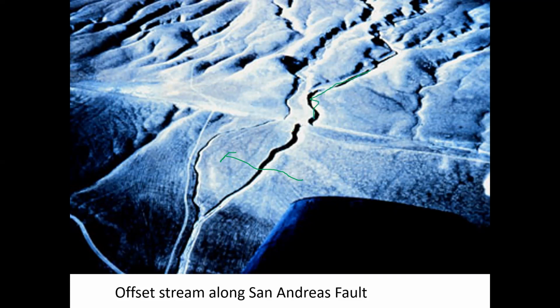I don't know if it's a national park, but at least it's a county park or something. They have a little walking trail that you can walk along and see how this has taken place. So that creek has a dog leg in it, a bend in it here, as the other part of the creek is being shifted to the northwest.